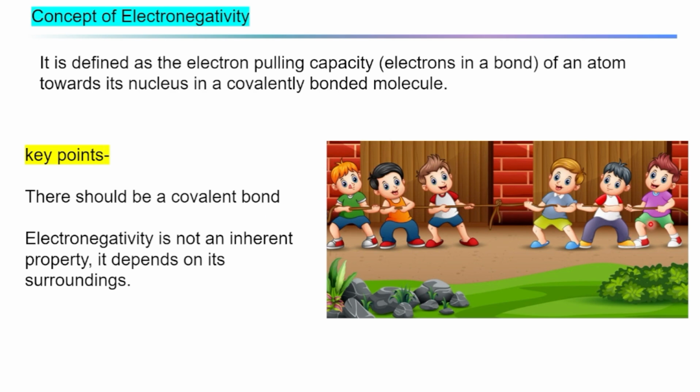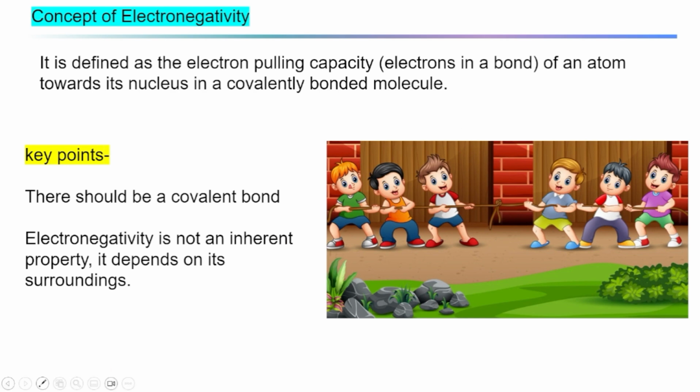Similarly, if this team can pull the rope to their side, this team wins. This rope pulling game is the ideal situation that happens in a bond. In a bond, two atoms are there, but they are continuously pulling the electrons.